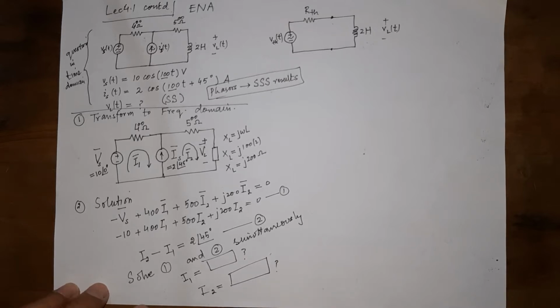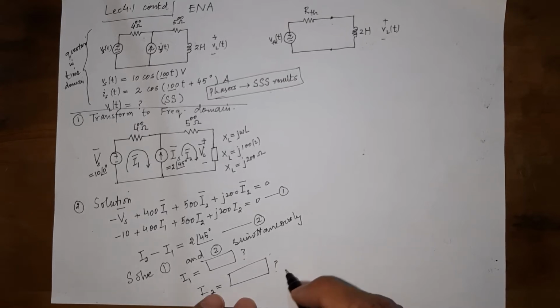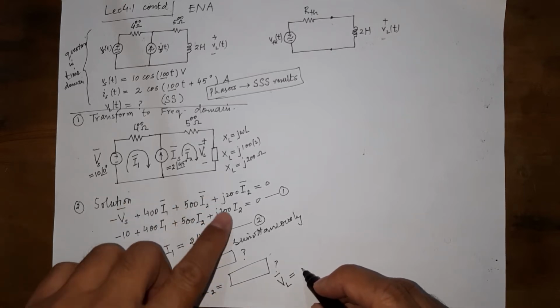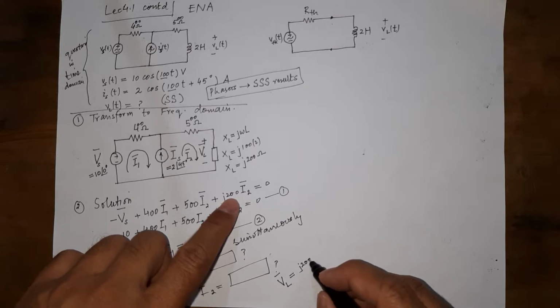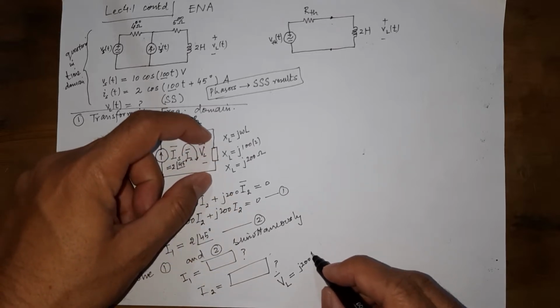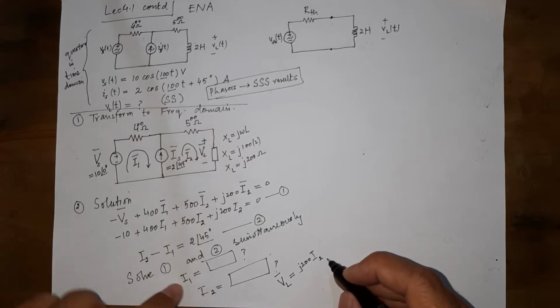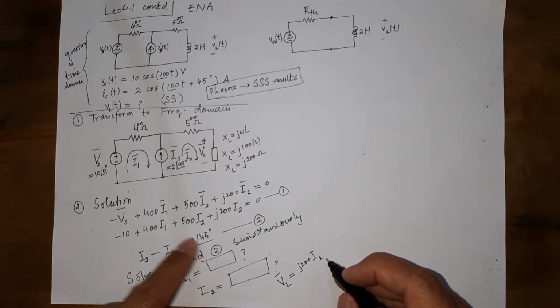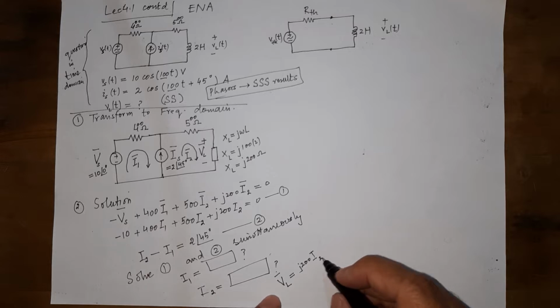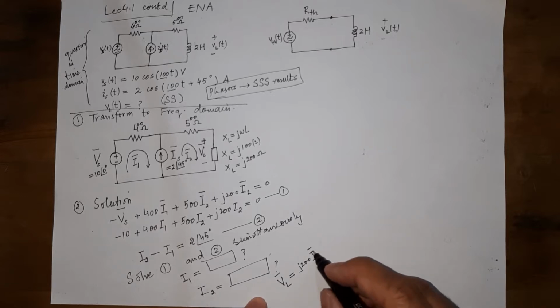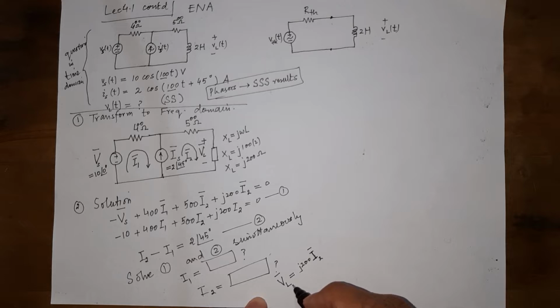So knowing these two values, we can very easily see that the quantity that we are interested in finding is VL, the phasor of VL, and that would be equal to this thing, j200. This is the phasor voltage across this thing, and I2. So instead of finding I1, if we just find I2, say using Cramer's rule, we can very easily, by finding I2, then find VL.